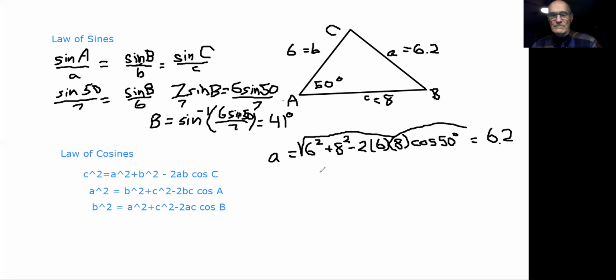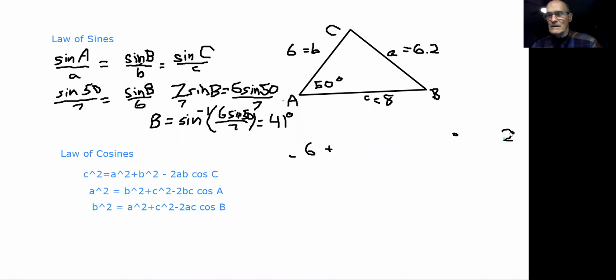Now, if I come back in here and erase, so if you need to look at this before I erase it, just pause here and look at this. But I'm going to show you what it looks like for the side-side-side situation. With a side-side-side situation, I would not know the 50 here.